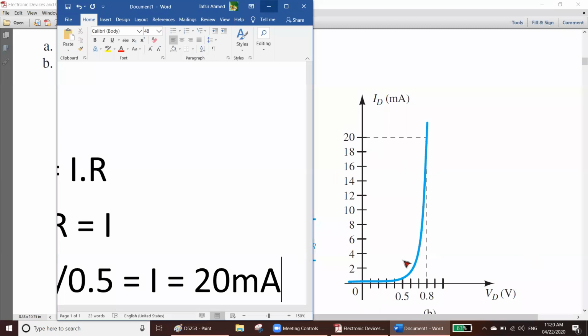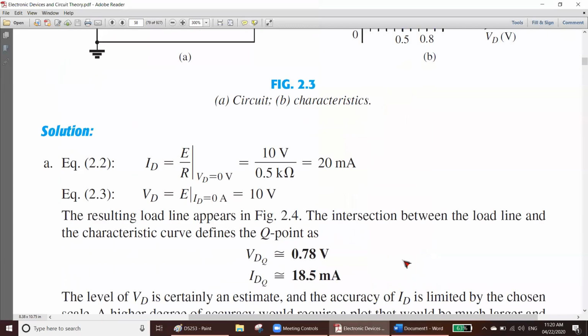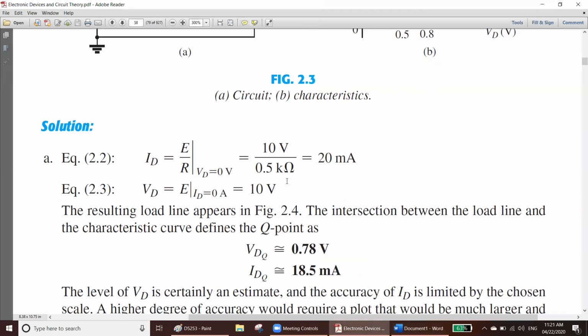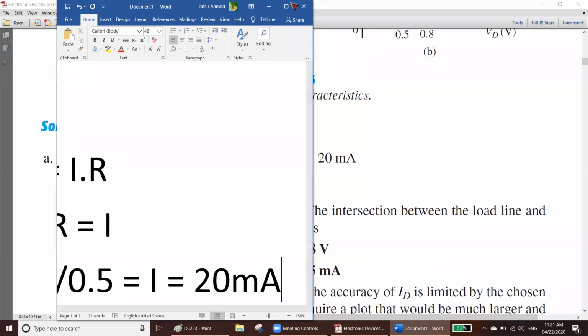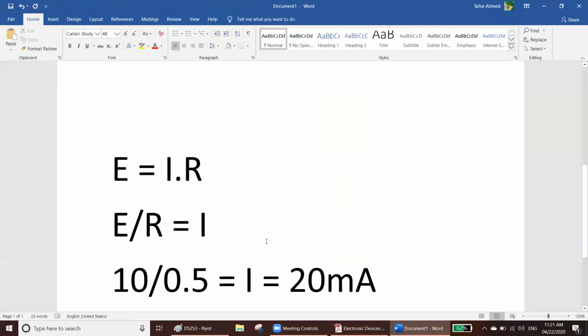Okay. Now let's see what they have done. So your VD is 10 volt if your ID is 0, and your ID is 20 milliampere if your VD is 0. Remember, we put some 0 somewhere.